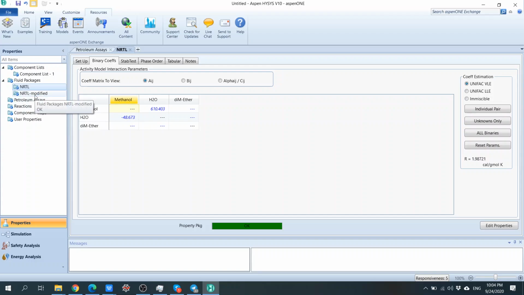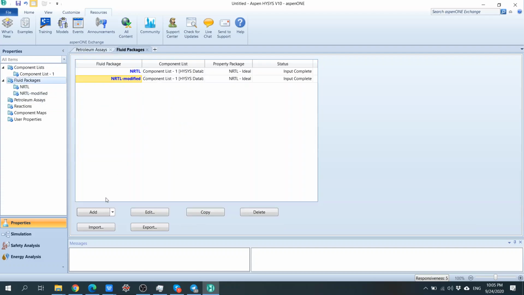But if you go to the NRTL, this is the same 610 minus 48, but it will calculate the missing ones for us already, because I clicked unknowns only, so only the unknowns that are calculated by the UNIFAC estimations. Hij is still 0, alpha is also the same number. So basically I think these two terms are not used by the NRTL.